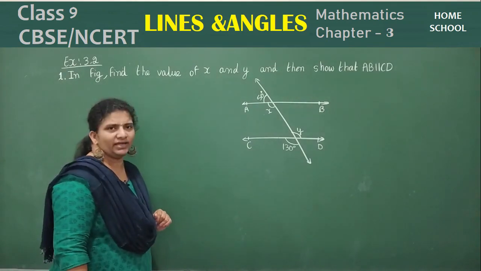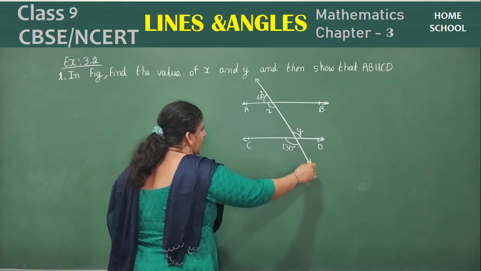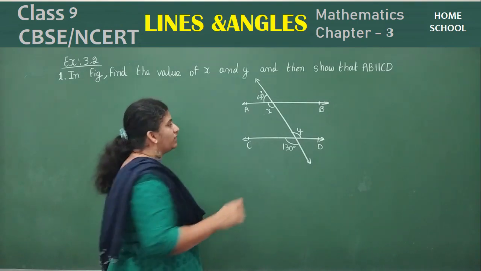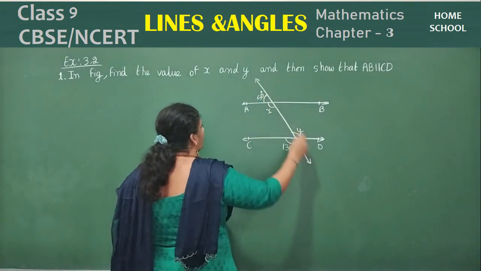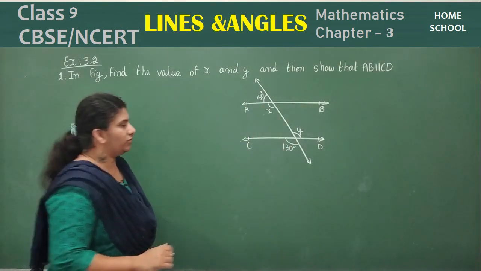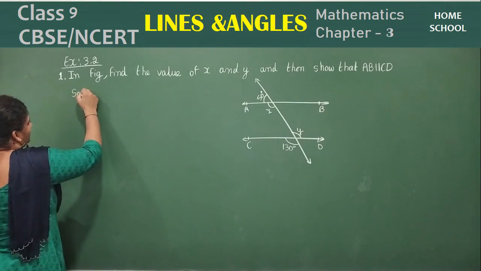How can we find x and y? Look here, this is a transversal, but also it is a line, no? So you can prove this side, or you can take this one. Any way you can do. I will start my solution here.